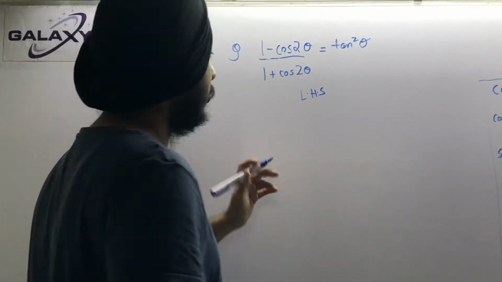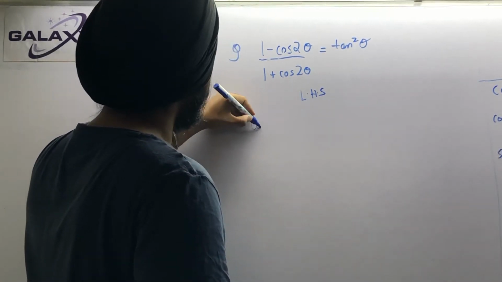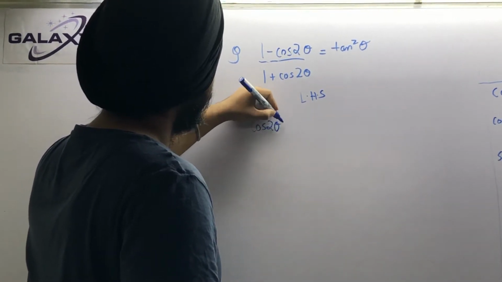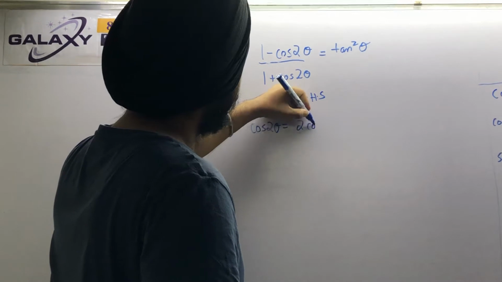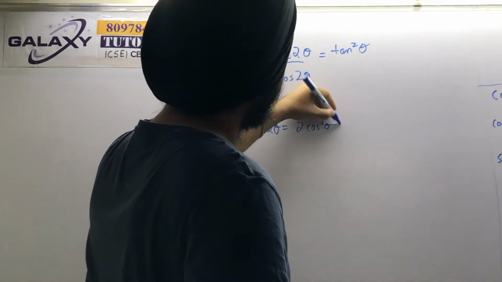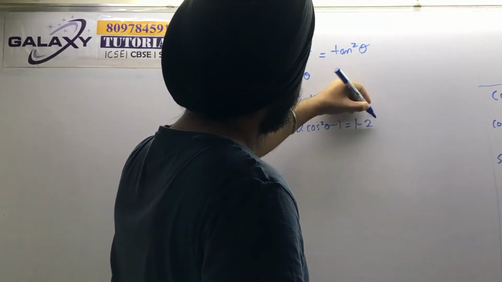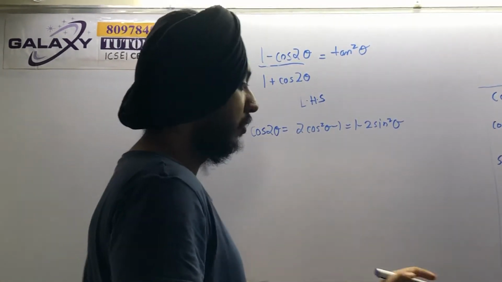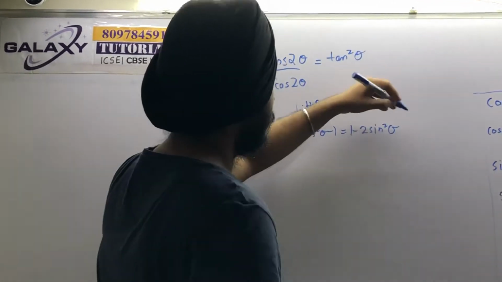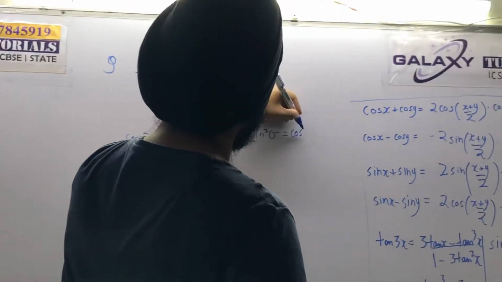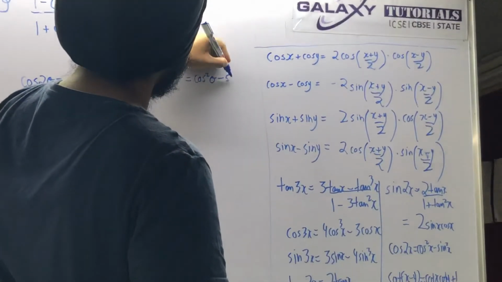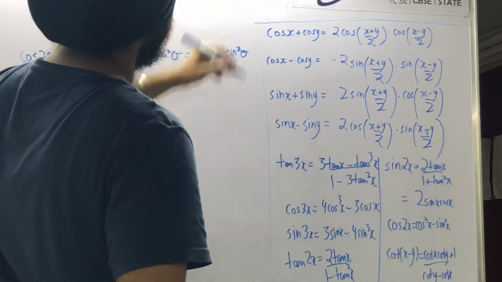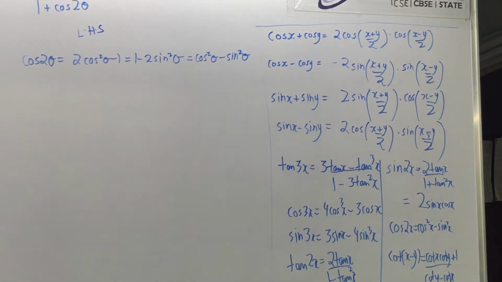For cos 2 theta you know the following formula: cos 2 theta is equal to 2 cos square theta minus 1, which is equal to 1 minus 2 sin square theta. This is the formula we have studied. I will write it here. This is the formula that you know.